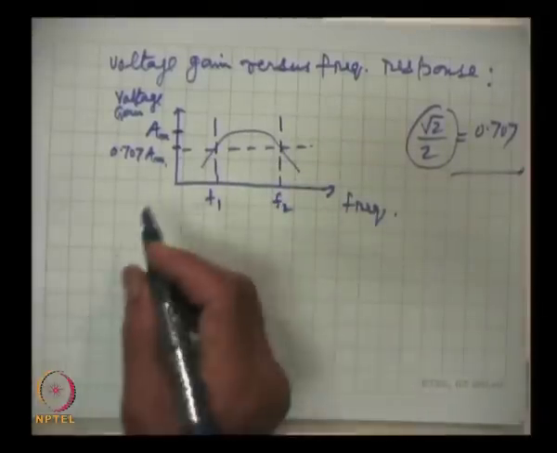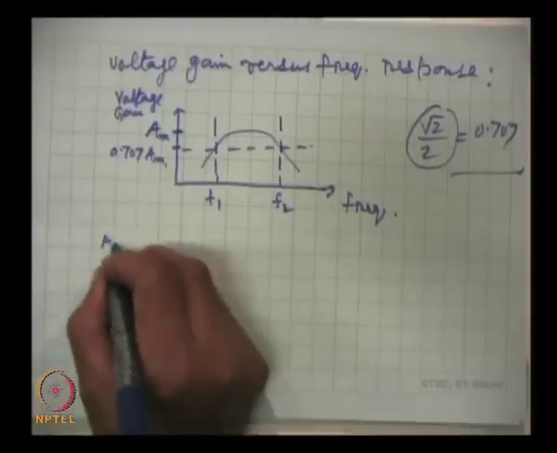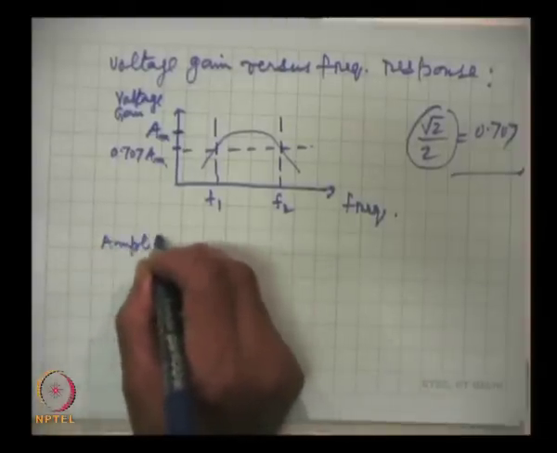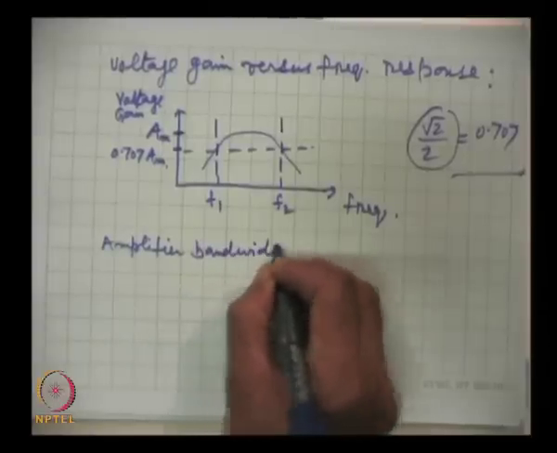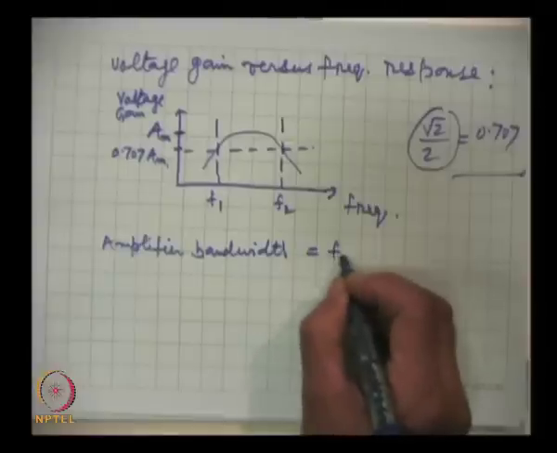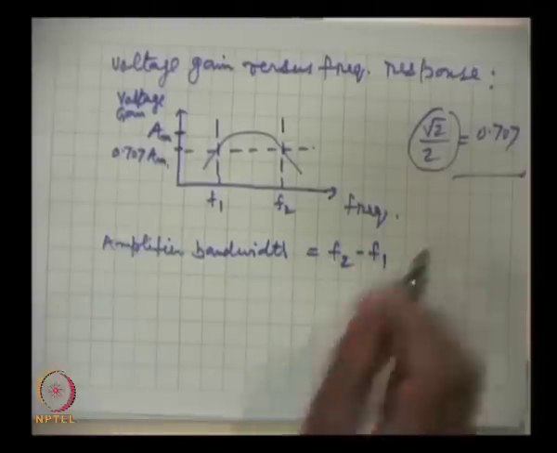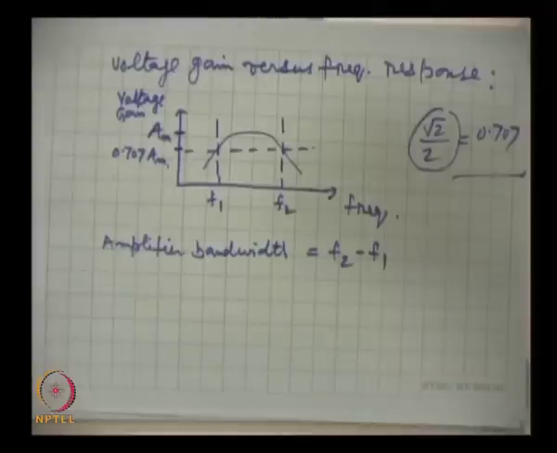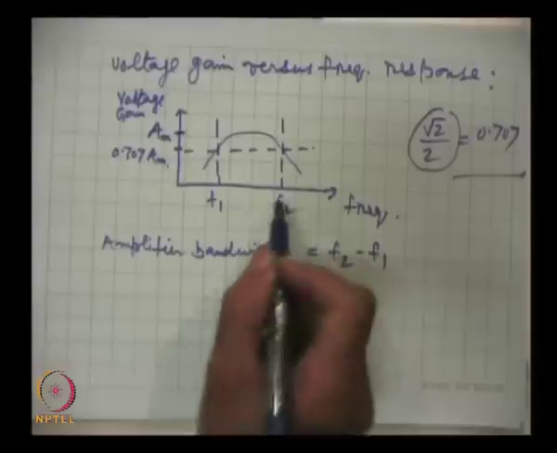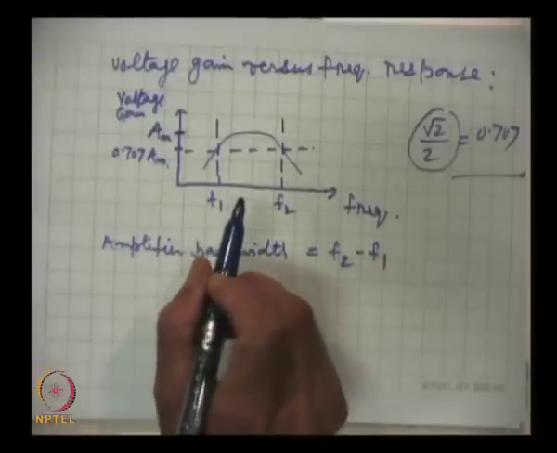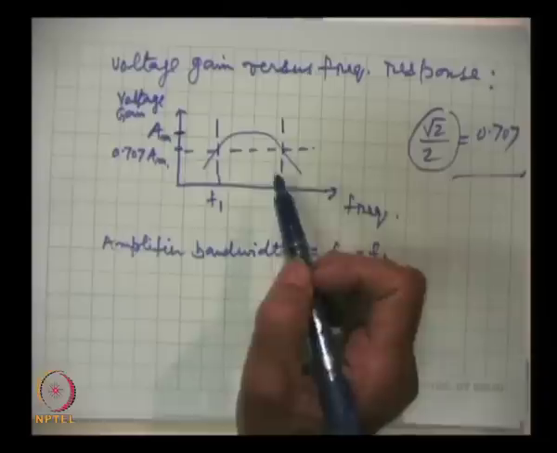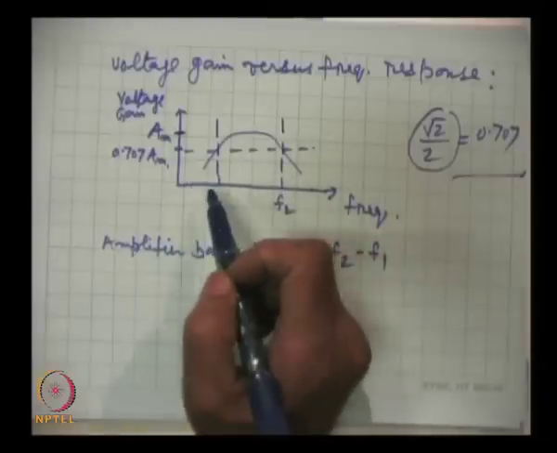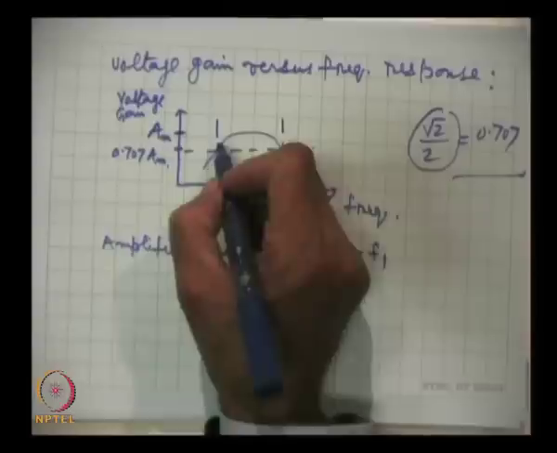The bandwidth of the amplifier is F2 minus F1. This is the bandwidth. These F1 and F2 are the cutoff frequencies. In most applications, the amplifier is used in this middle band.